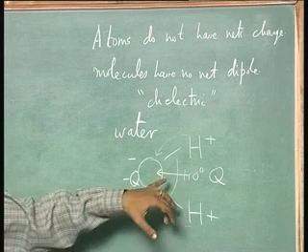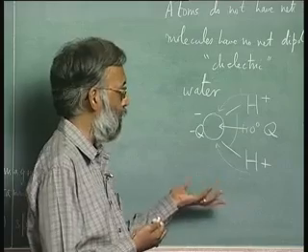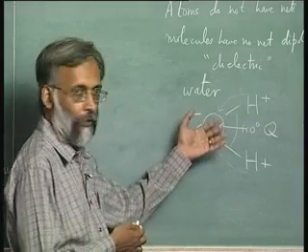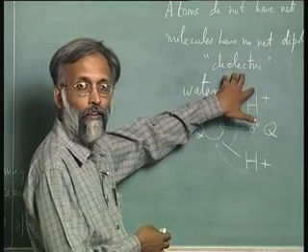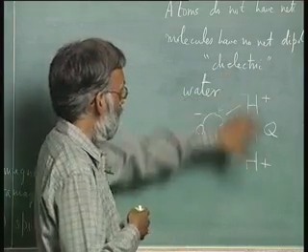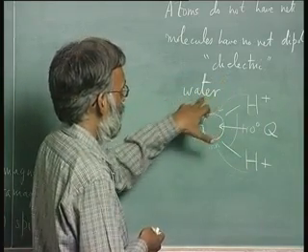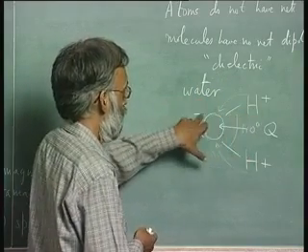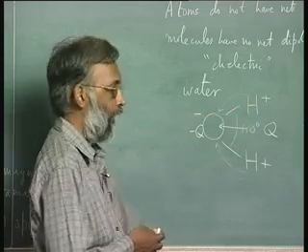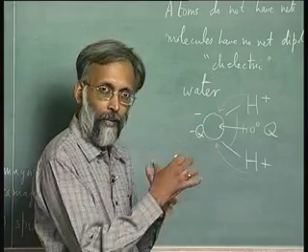Now, the fact that water has a huge dipole moment means that water has some very special properties. For example, the dielectric constant of water is very high, of the order of 80, and this is one of the reasons why when water freezes to become ice, because of this very strong dipole moment, the water molecule cannot close pack.